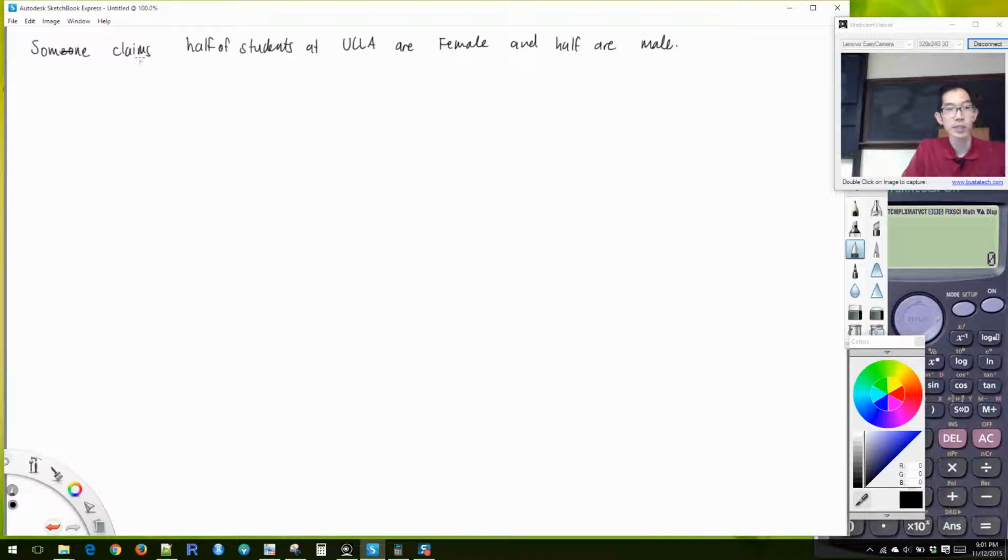Okay? And so in this case, our null hypothesis is going to be written this way. The proportion female, or there's a few ways we can write it. We can write the probability of selecting female is equal to 0.5, and the probability of selecting a male is equal to 0.5.